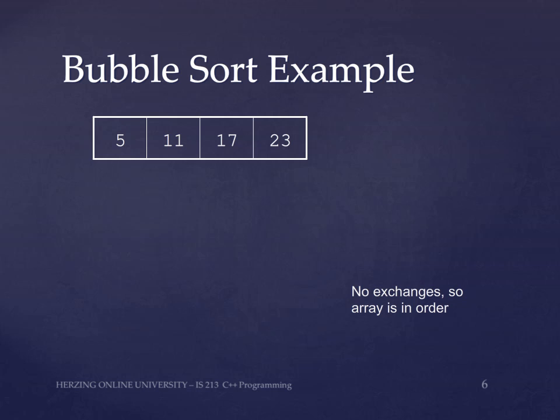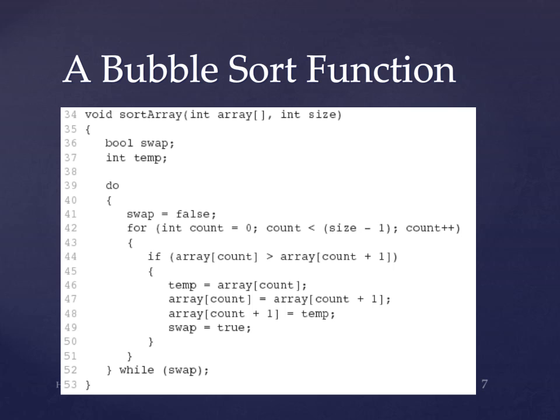Also, they are in correct order, no exchange here. Then you compare values 17 and 23. They are in correct order, so no exchange. And with no exchanges, the array is in order. This is a good programming example of a bubble sort.